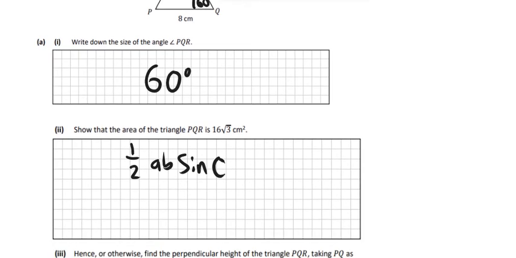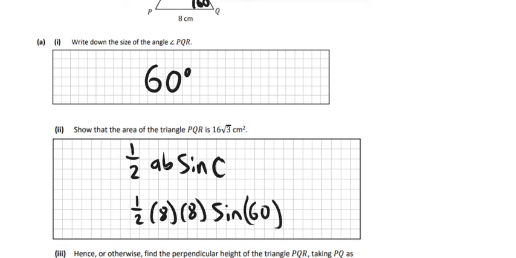So we can do a half times 8 times 8 times sine of the angle, which is 60. So sine of 60 works out nicely, I think. So you can use your log tables, or you can put it into your calculator, but it's going to be root 3 over 2.